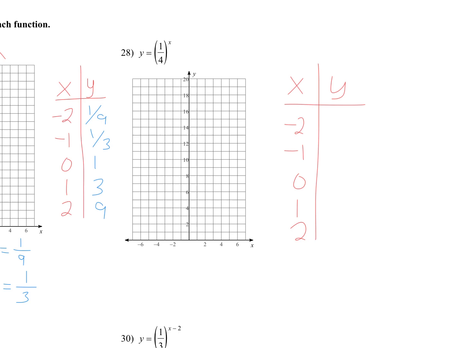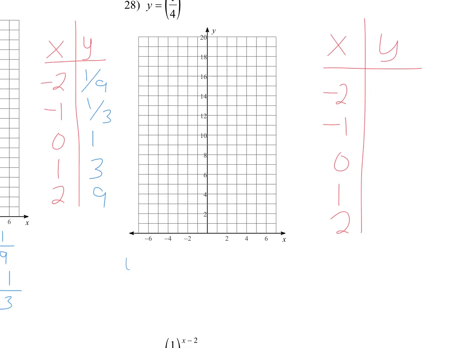We have y equals 1/4 to the -2nd. What do we do with that -2nd power? This is something we didn't talk about on the front page. What do we do with that -2nd power? We're going to distribute it to the top and the bottom. So we have 1 to the -2 over 4 to the -2.